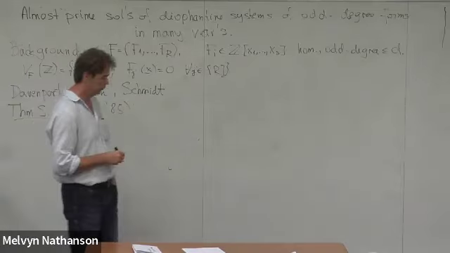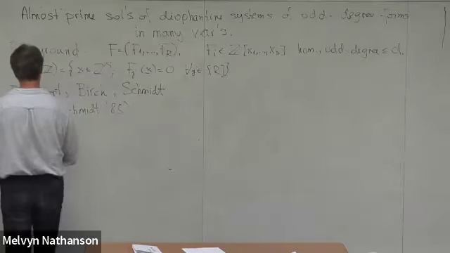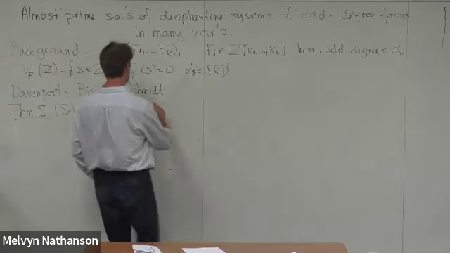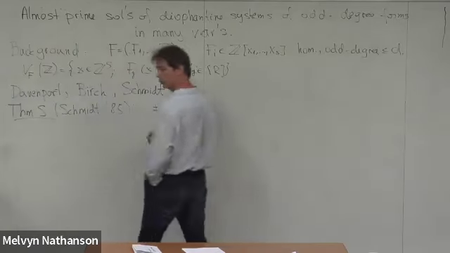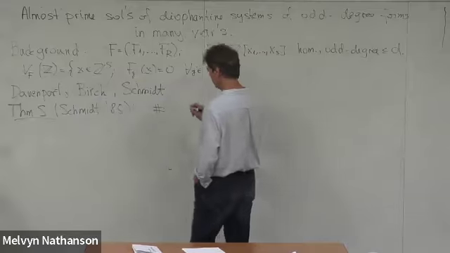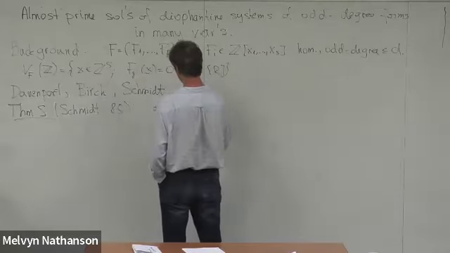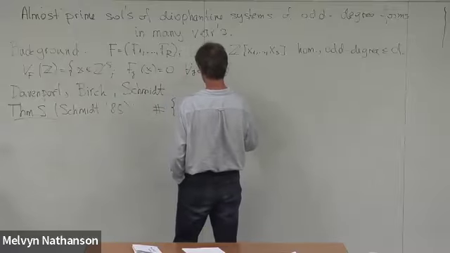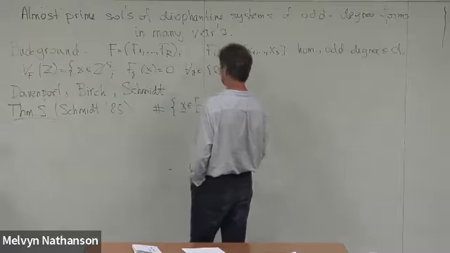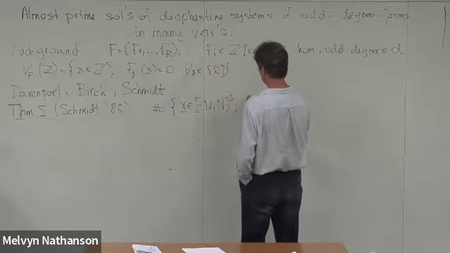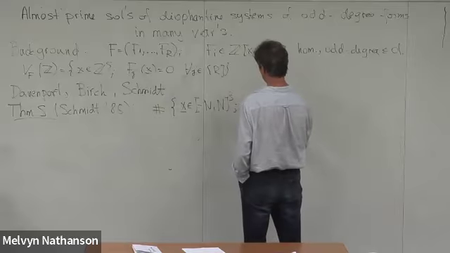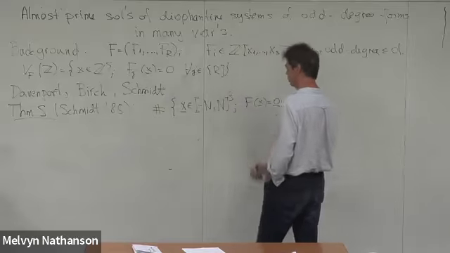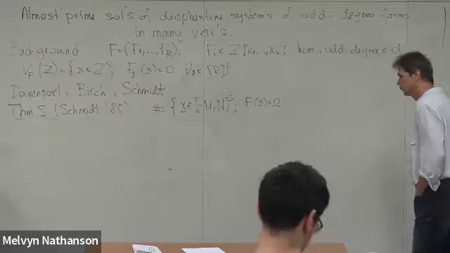And let's say it does not just say that there are solutions, but that there are a lot of solutions. So let's say you count integer solutions in a box, minus N to N to the s, such that F(x) equals 0, meaning that all polynomials vanish at x.